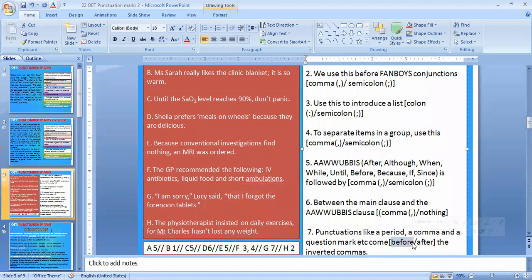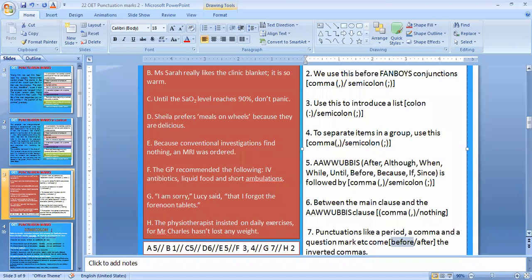The physiotherapist insisted on daily exercises for Mr. Charles hasn't lost any weight. The physiotherapist insisted on daily exercises, comma, for the reason Mr. Charles hasn't lost any weight.